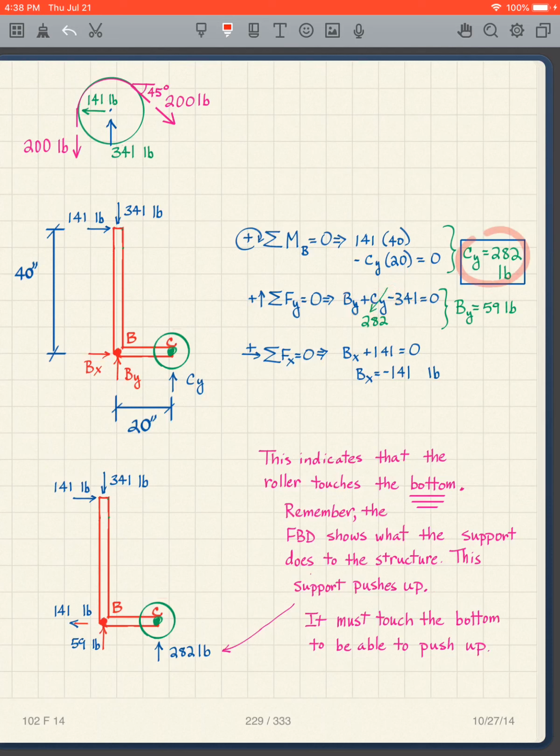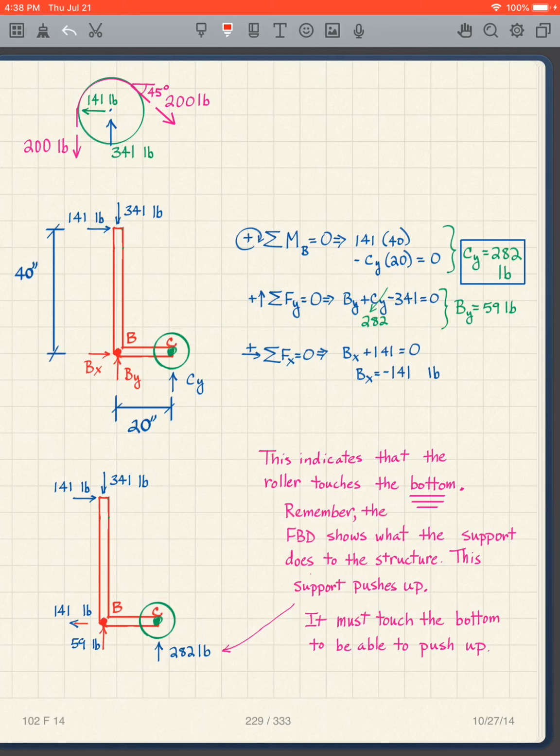And we've already figured out what the CY is, so it's 282. Plug that in there, and then I can solve for BY, and I get 59 pounds. Then I do it in the X direction, and BX is going to be negative 141 pounds.